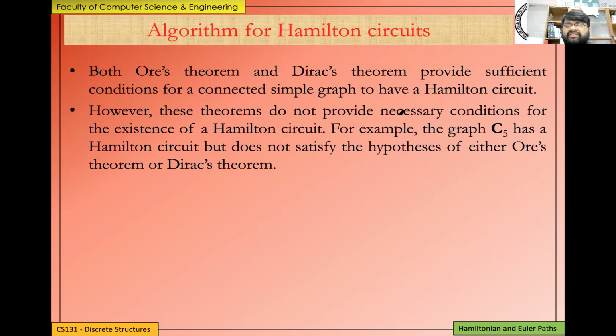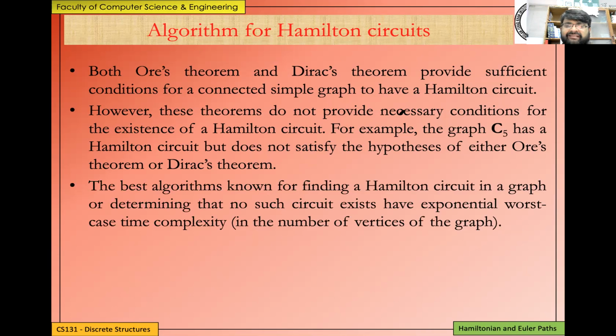But if they are not true, that does not mean the Hamilton circuit will not exist. For example, take the graph C5, cycle 5. It has a Hamilton circuit, but it does not satisfy the hypothesis of either Ore's theorem or Dirac's theorem. So the absence of these conditions does not necessarily mean that it will not contain a Hamilton circuit.